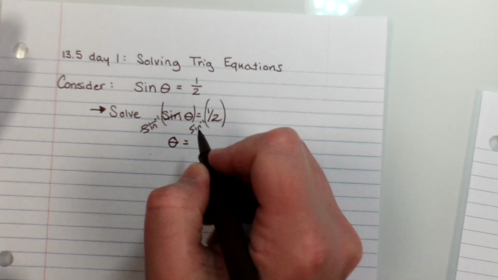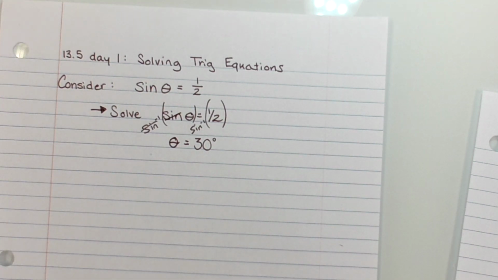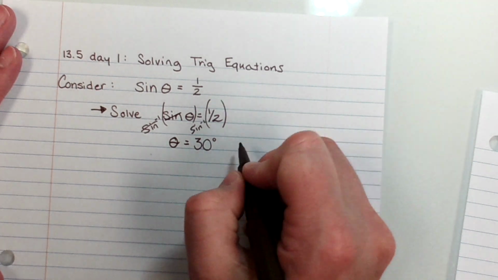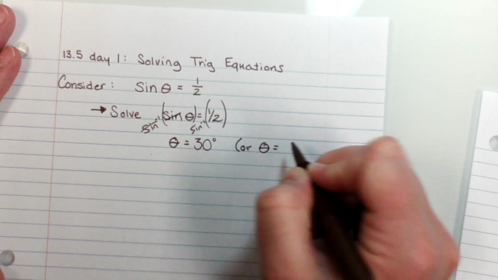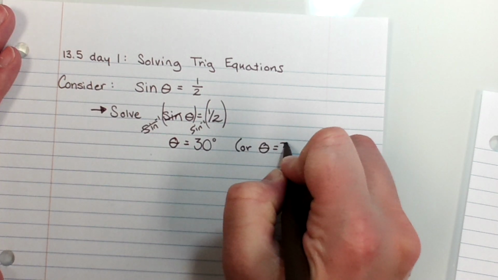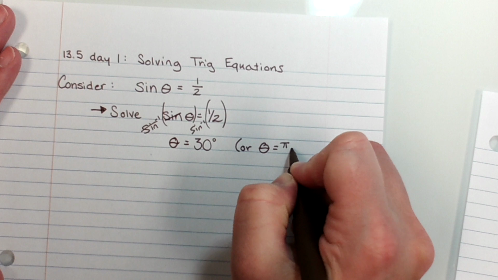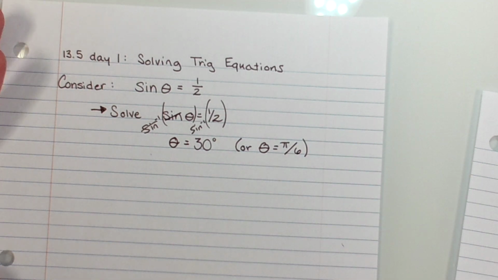Thirty. 30 what? Degrees. So if we're working in degrees, it's 30 degrees. Or, what if we were solving in radians? Pi over 6. Now that's the basic straightforward solve.